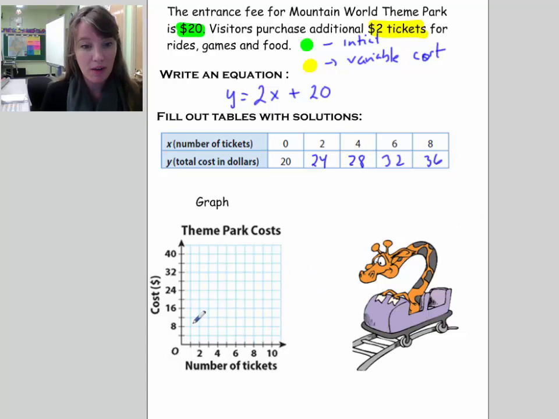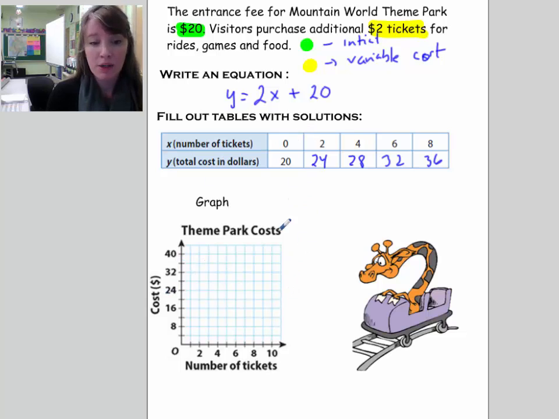Now if I were to graph this, so I have a nice graph here, the number of tickets is the X and the cost is the Y because the cost depends on the number of tickets. I could take first 0, 20, which would be 0 on the X and 20 on the Y. This skips up by 4 every time, which is convenient for our graph because we're going up by 2 ticket prices every time, which means our cost goes up by 4 every time.